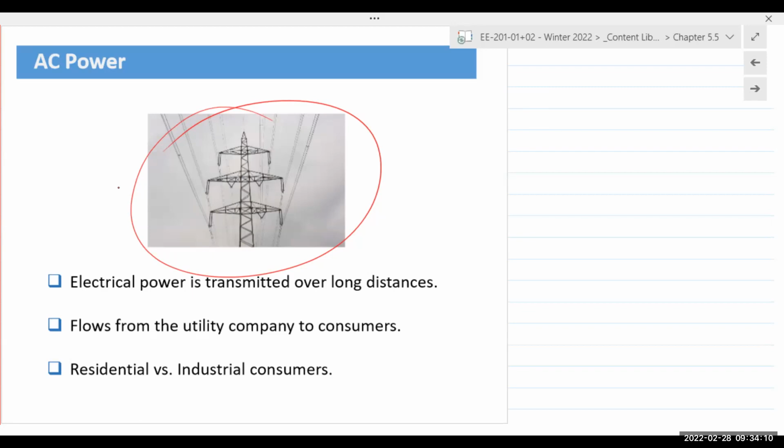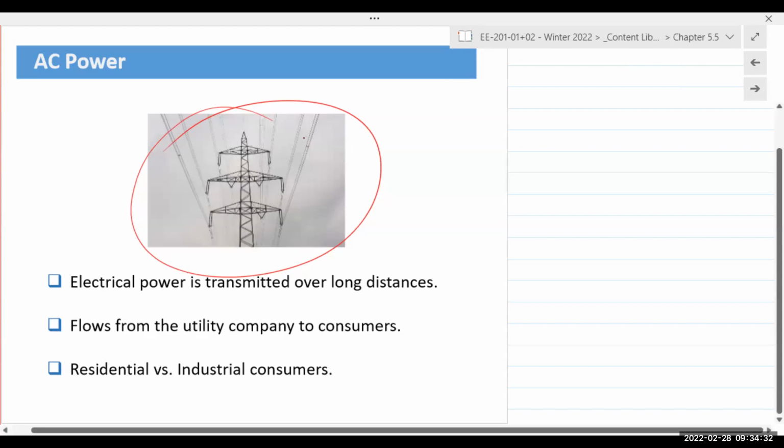Industrial customers require 3-phase power. Residential customers require single phase, which is what comes into our residences and workplaces. This flows from the utility company to the customer, right? When I say flow, I mean it is traveling over these lines over very long distances.